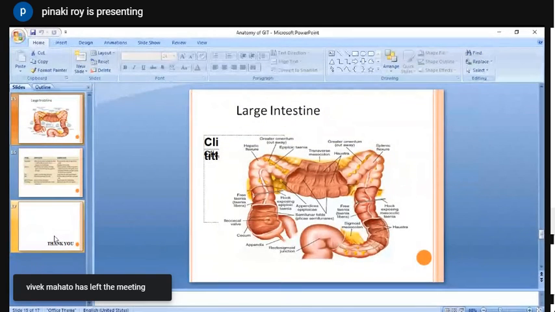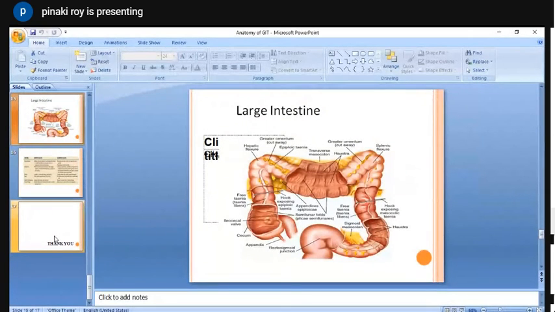So in the colon, the important diseases are, one, inflammatory diseases. Inflammatory diseases are ulcerative colitis or Crohn's disease, that is autoimmune inflammation, or maybe some infective disease like amoebic colitis, typhoid, or tuberculosis.